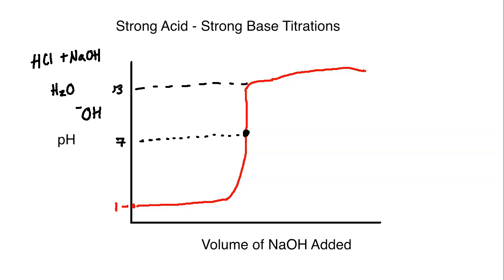There is no equilibrium associated with this. So that's strong acid and strong base titrations. The next one we want to look at is a weak system. And in that case, we will take a look at a strong acid and a weak base.